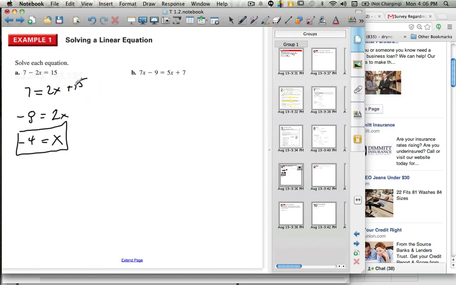We're continuing to work with this process of making an equivalent equation, then another equivalent equation, and then another equivalent equation that eventually satisfies what our goal is. And the same way here, if I subtract 5x from either side and add 9, and then divide by 2. Okay, so those were linear equations, and that was the process by which we go about solving them. Very familiar for you from pre-algebra and Algebra 1.